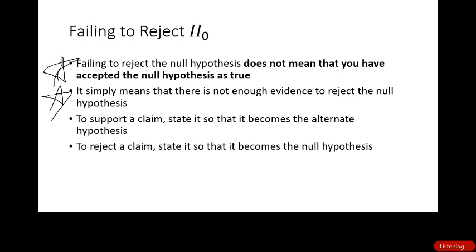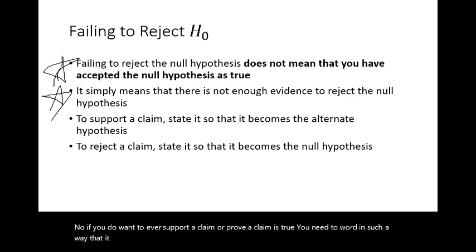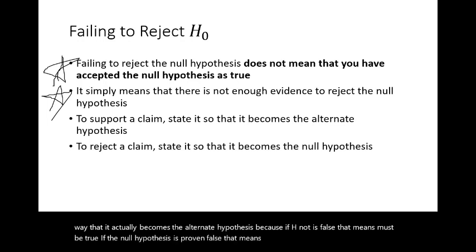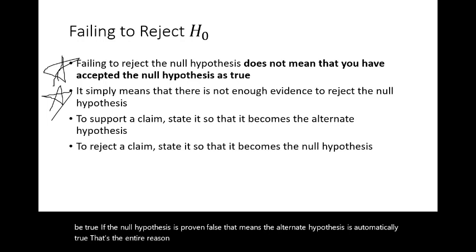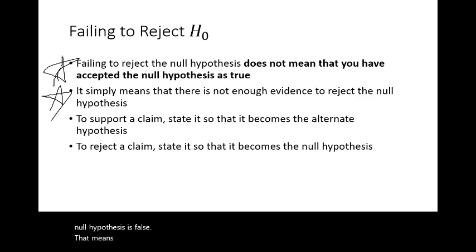Now, if you do want to ever support a claim or prove a claim is true, you need to word it in such a way that it actually becomes the alternate hypothesis. Because if H0 is false, that means HA must be true. If the null hypothesis is proven false, that means the alternate hypothesis is automatically true. That's the entire reason why we have this pair of hypotheses, is because if the null hypothesis is false, that means the alternate hypothesis is automatically true.